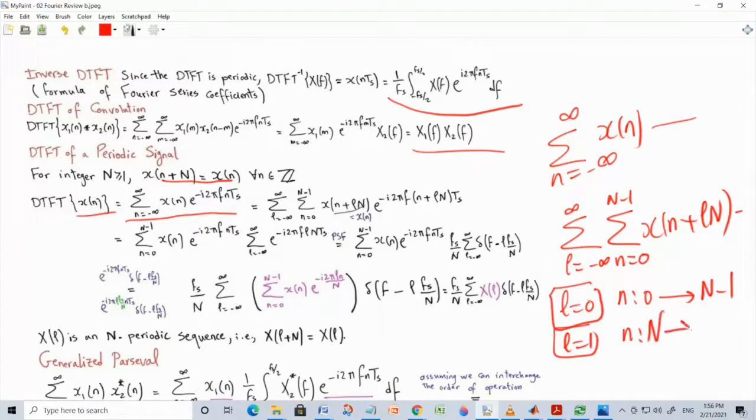So n now will go from N to 2N minus 1. Now what if L is 2? Then this term becomes 2 big N, and when small n goes from 0 to big N minus 1, this will go from 2N to 3N minus 1, and so on and so forth. And then L can be minus 1. You will find that basically this double sum takes care of every integer value.